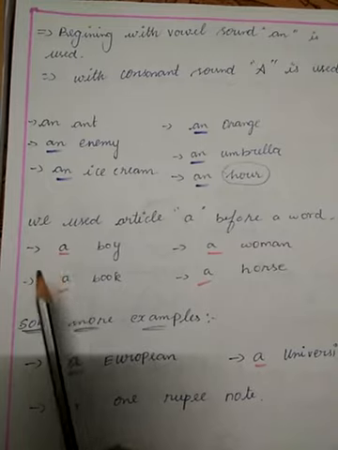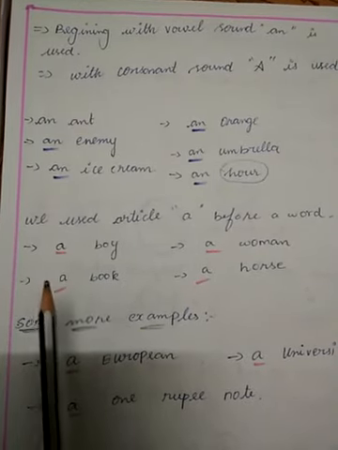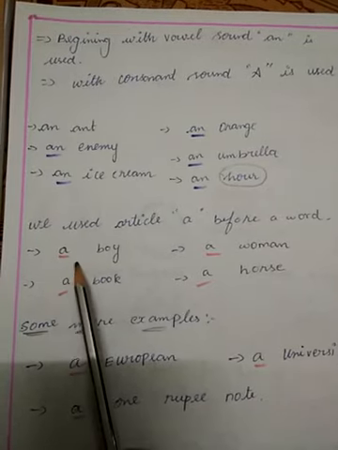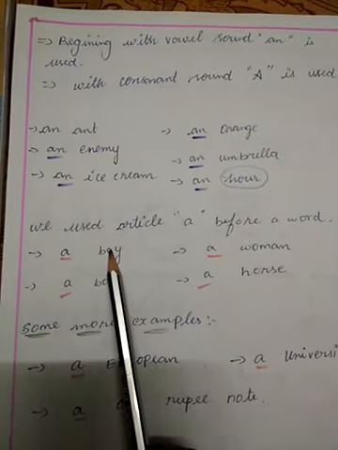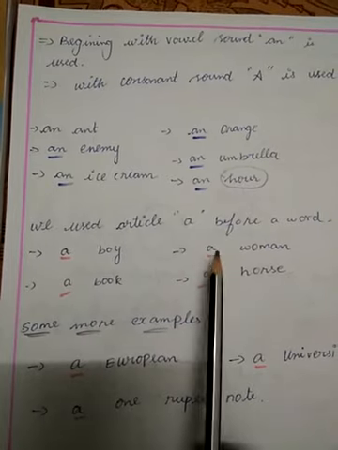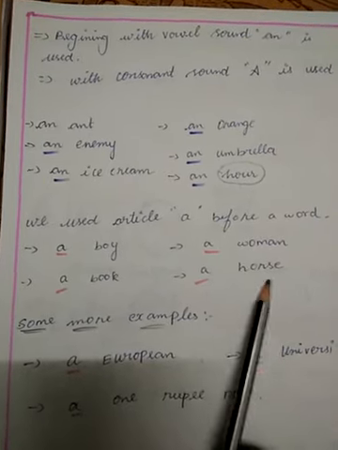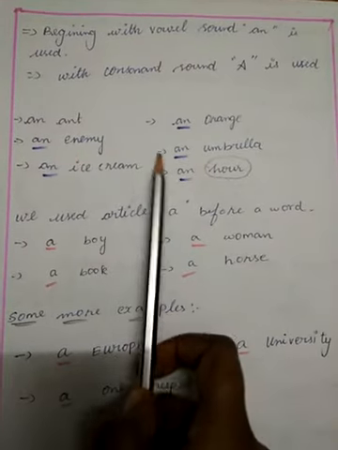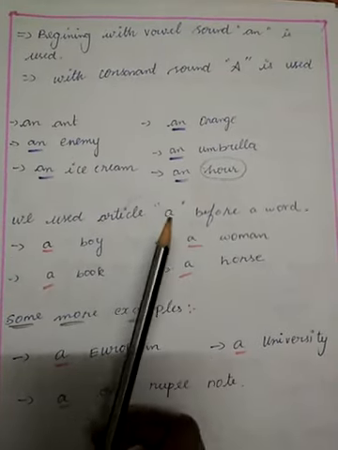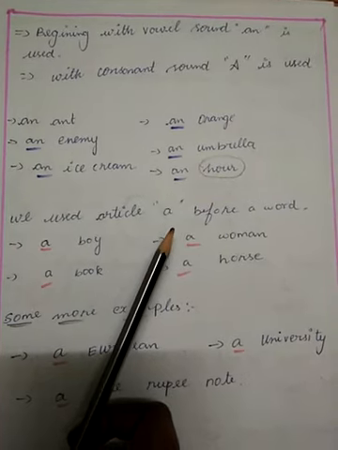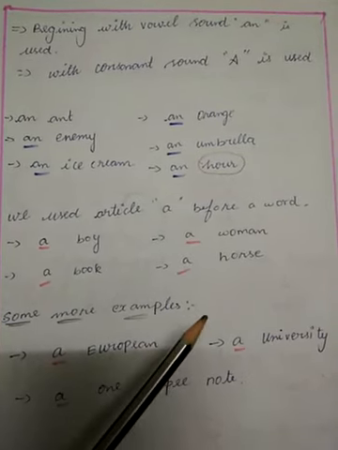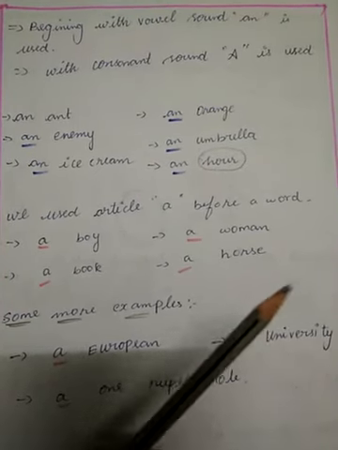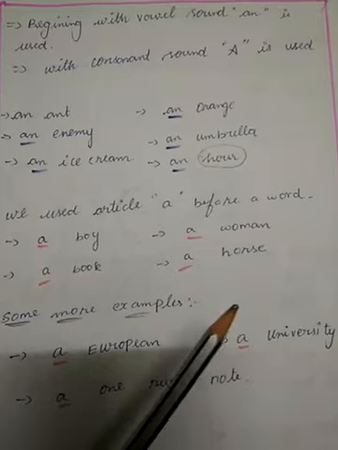Let's look into examples where we use article a before a word. Some examples for you: a boy, a book, a woman, a horse. These all start with a consonant sound. Let's look into words which start with vowel letters but whose starting sound is a consonant.